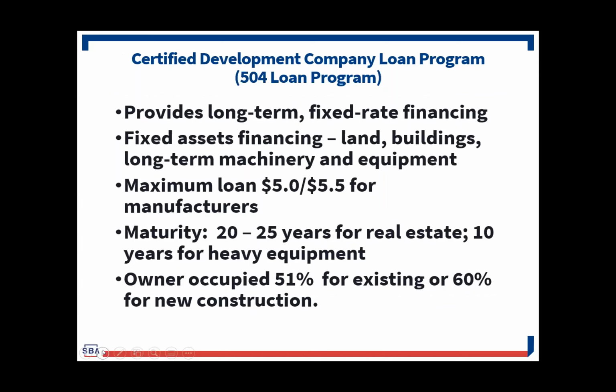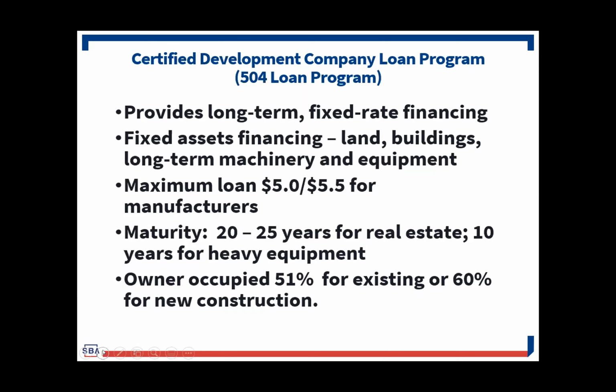If you're looking at purchasing owner-occupied real estate or building owner-occupied real estate, the best program for you would be that Certified Development Program. So why do I say that? Because that provides long-term fixed rate financing for you. It's for those long-term assets like land, buildings, and long-term machinery and equipment, even movable equipment.